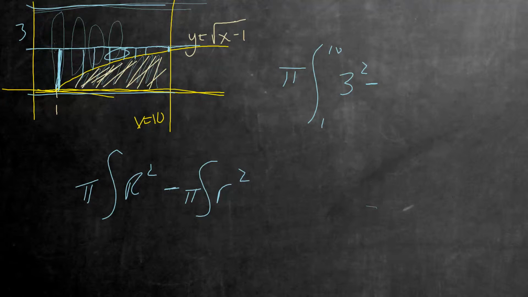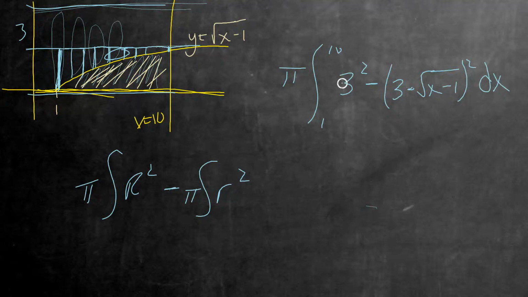But it has that constant 3 minus whatever y was, if you look at that. So it's actually 3 minus the square root of x minus 1, squared.